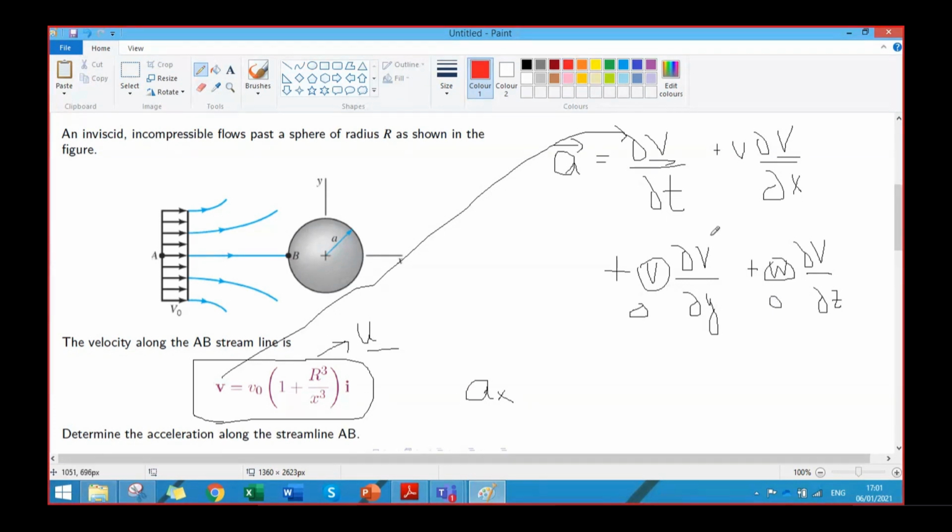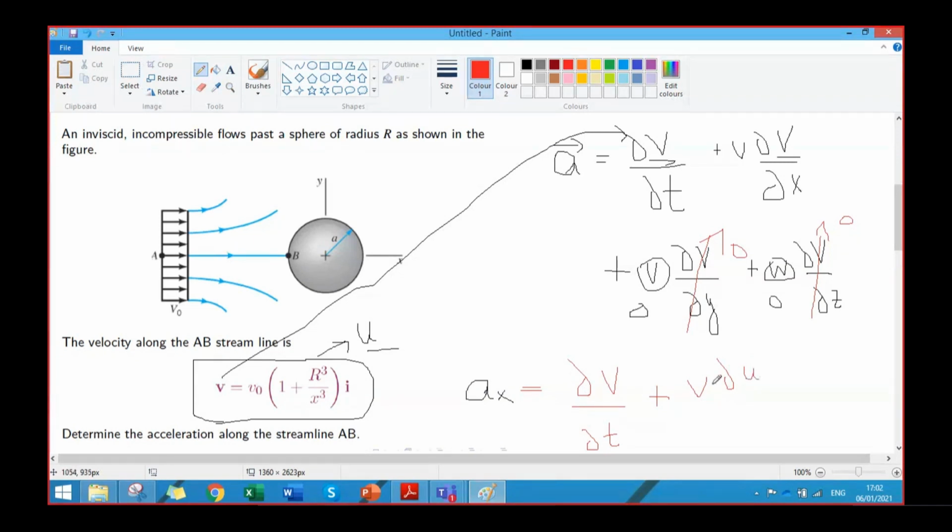So ax would be equal to partial u by partial t plus u partial u by partial x. Is there any time component in this function?